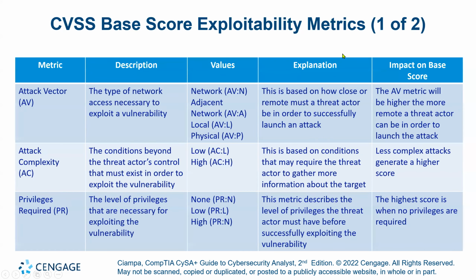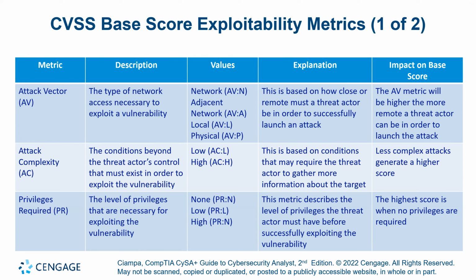Okay, CVSS base score exploitability metrics. Okay, so there's the metric, description, values, explanation, impact on base score. So this is going to be fun when we go through. So the metric, attack vector, description, the type of network access necessary to exploit a vulnerability.